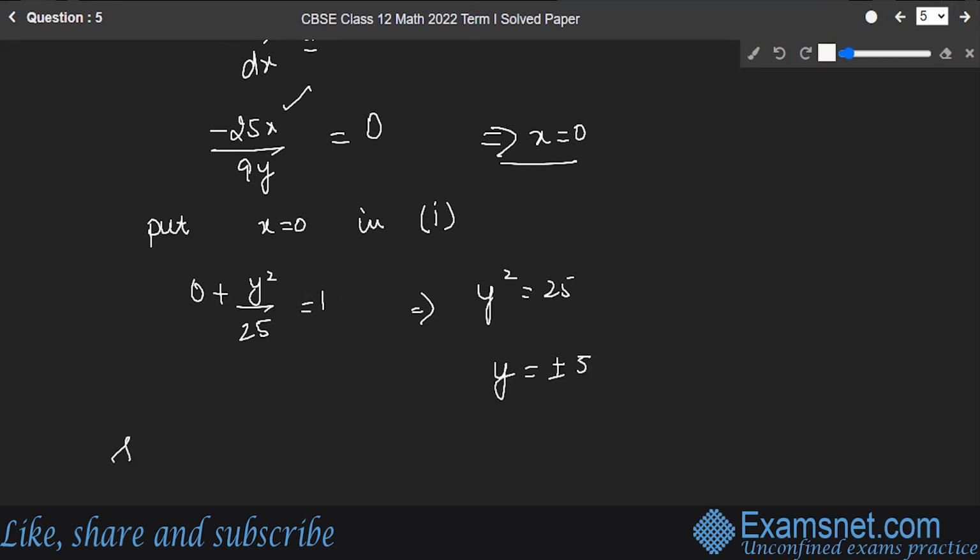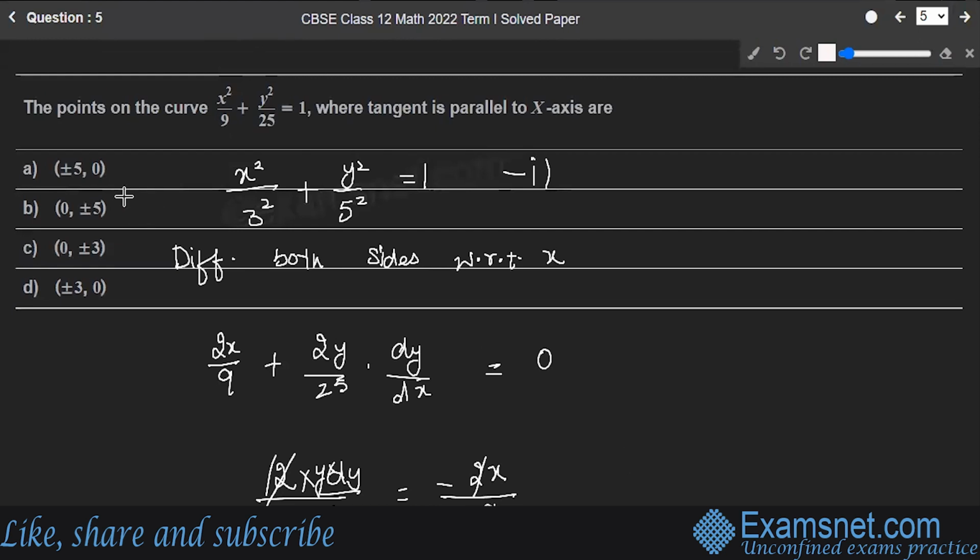So the required points will be 0, 5 and 0, minus 5. Let's check with the options. You have option B as the correct answer. Hope you got that. Let's move to the next question, number 6.